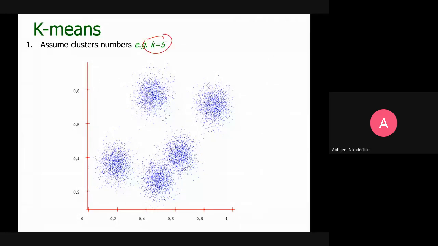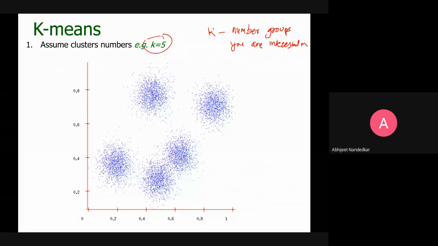Since I don't know what the value of k should be, k stands for the number of groups you are interested in. I want 5 groups from this data, so my initial assumption is k equal to 5.